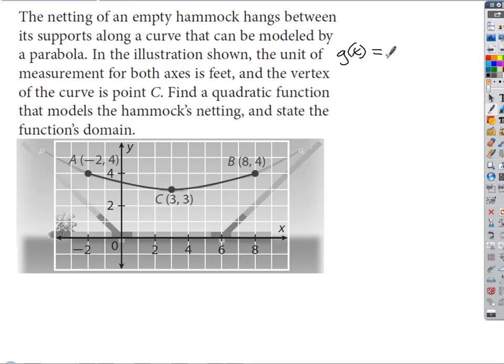How do I include all my parameters in terms of f of x? Where do they go? So a goes out front, good, times f of (1 over b times x minus h) plus k. Okay, good.